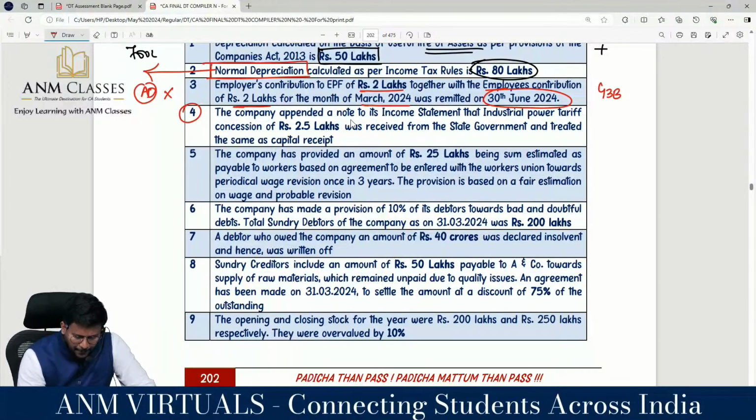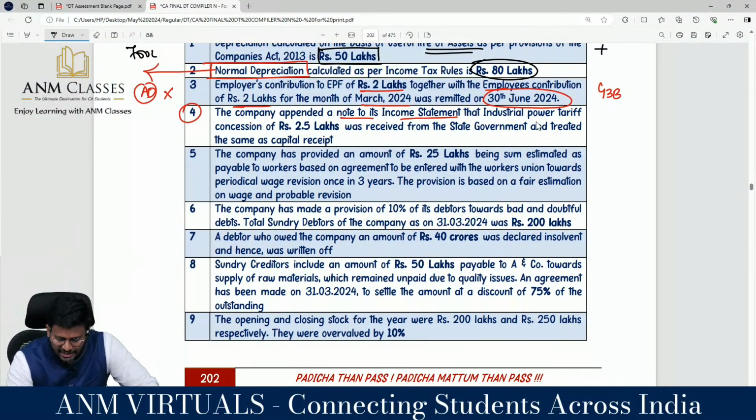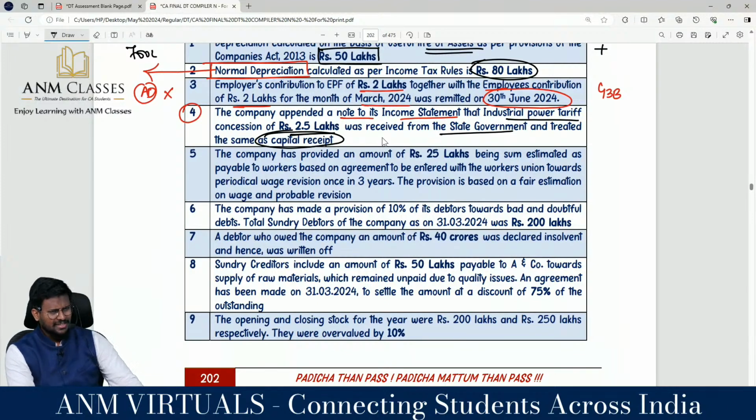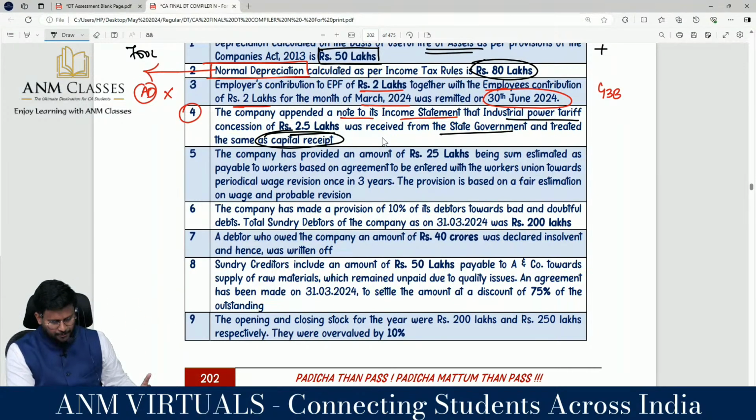The company appended a note to its income statement. Income statement means P&L; the P&L account has notes to accounts. The note says that industrial power tariff concession of 2.5 lakh was received from the state government and treated as a revenue receipt. That means they have received a government grant from the state government.